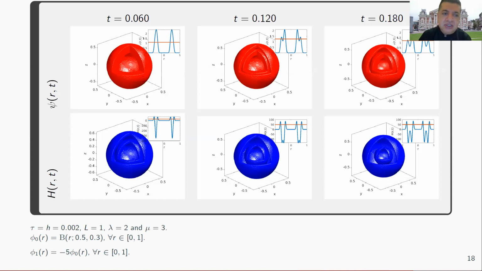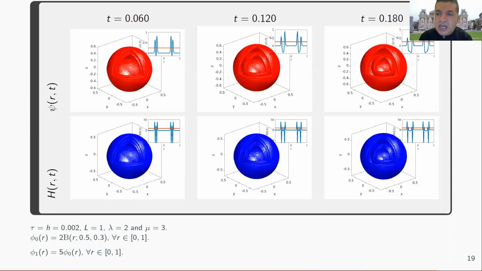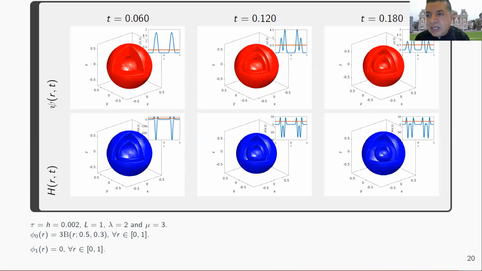In the first row, the solutions for the problem with these parameters and initial conditions, and the density of energy in the second row. Here we can see the solutions for another set of parameters and initial conditions. And here we can see another type of solutions.